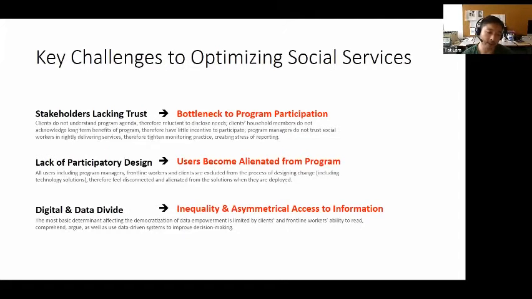In terms of participation, in the traditional or mainstream way of designing social programs, it's very labor intensive. So it's very difficult to have a large scale participatory project. And the last one is really about the data and digital divide.